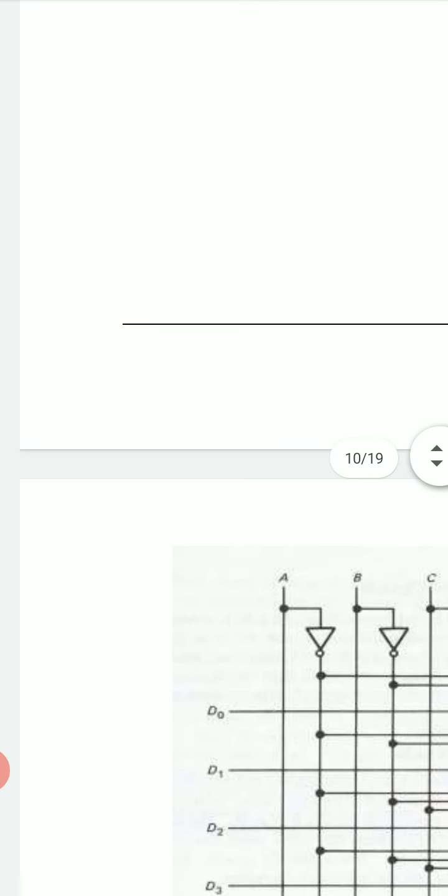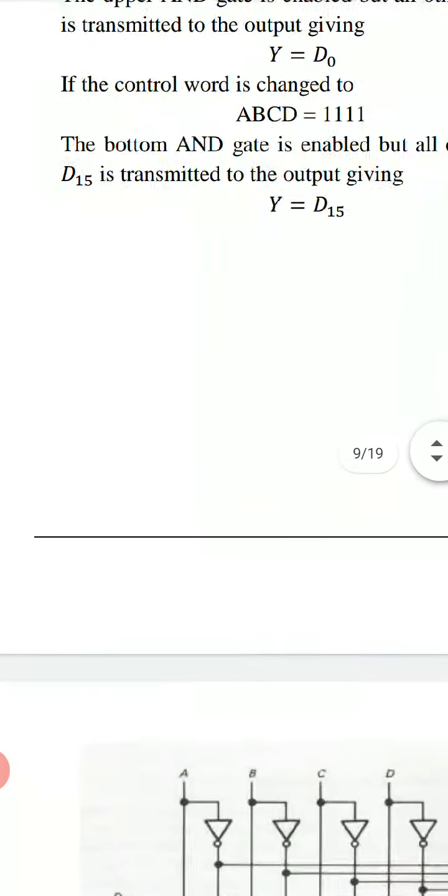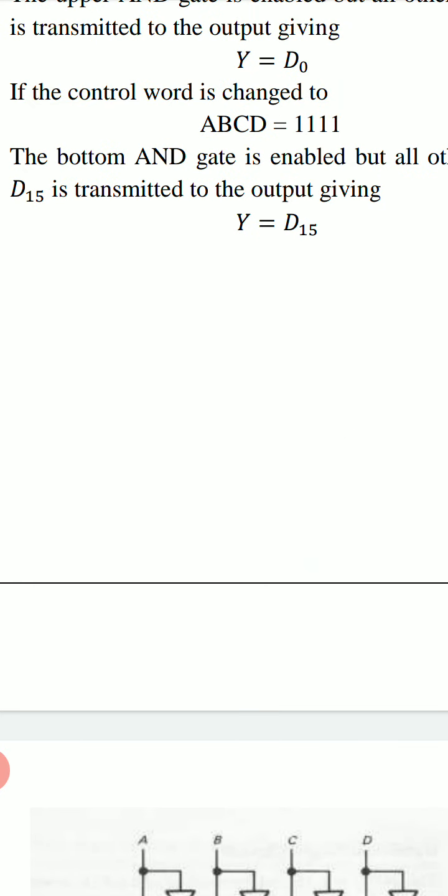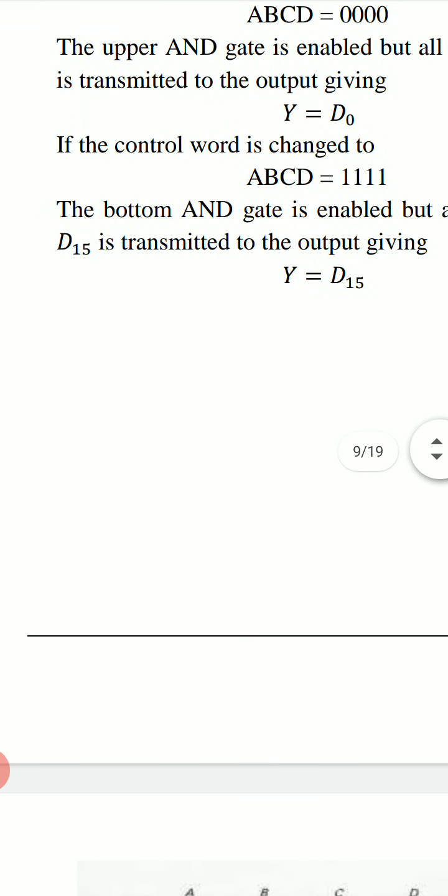Similarly, if the control word is changed to A, B, C, D equal to 1, 1, 1, 1, this is equivalent to decimal number 16.